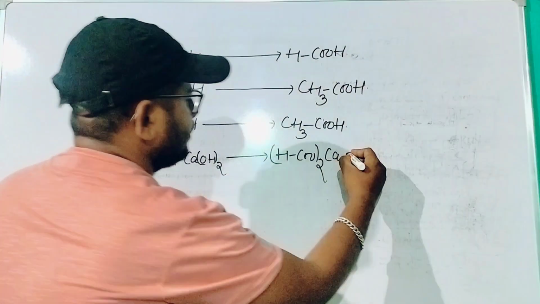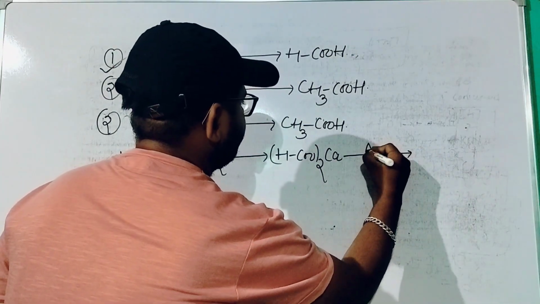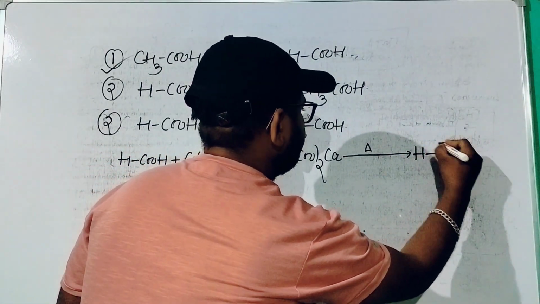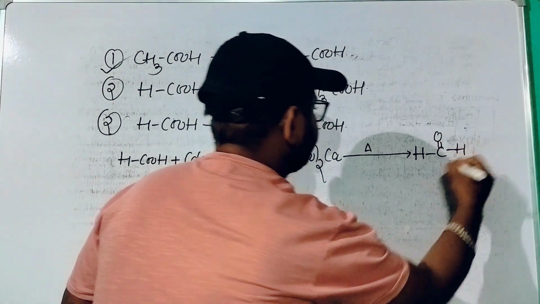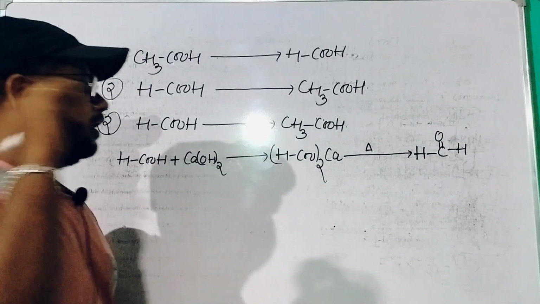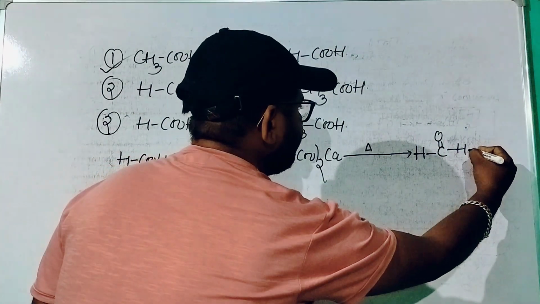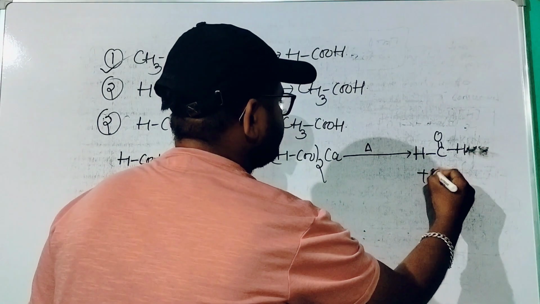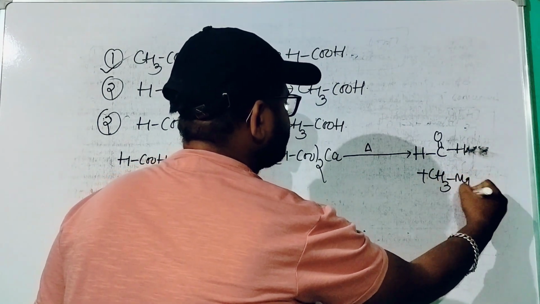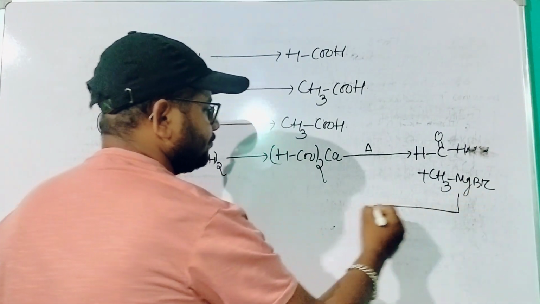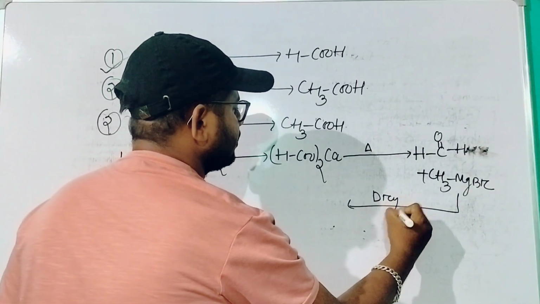And calcium formate can be further heated to form formaldehyde, and formaldehyde can be further reacted with methyl magnesium bromide, that is your Grignard's reagent, in the presence of dry ether.